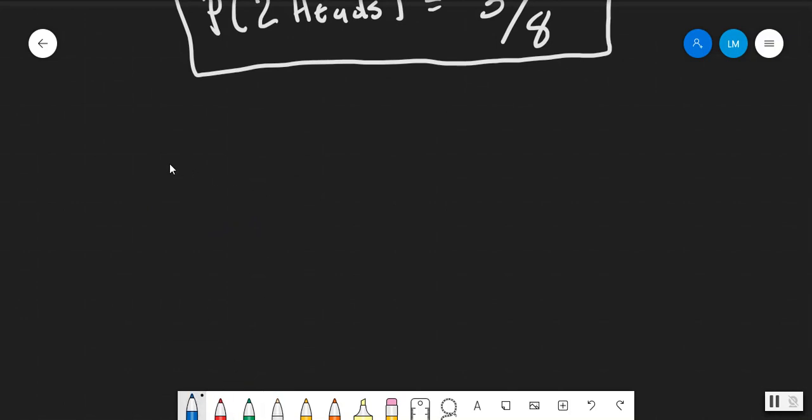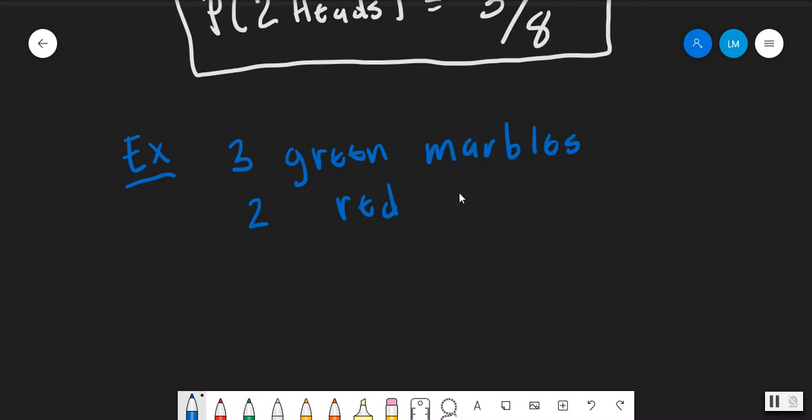Now, let's say that we just want to talk a bit about a simple probability. Another type of probability that you might have is if you're just having a selection from a bag or a box. So let's say there are 3 green marbles, and then you have that there are 2 red marbles.